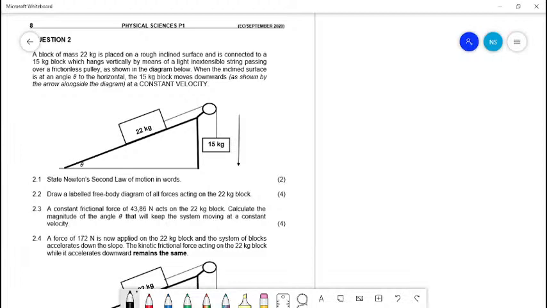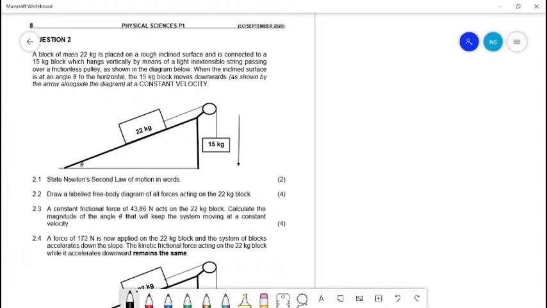So we are told that a block of mass 22 kg is placed on a rough inclined surface and is connected to a 15 kg block which hangs vertically by means of a light inextensible string passing over a frictional pulley as shown in the diagram below.